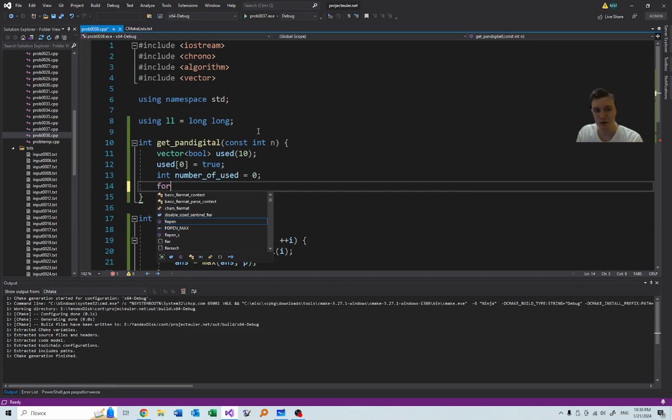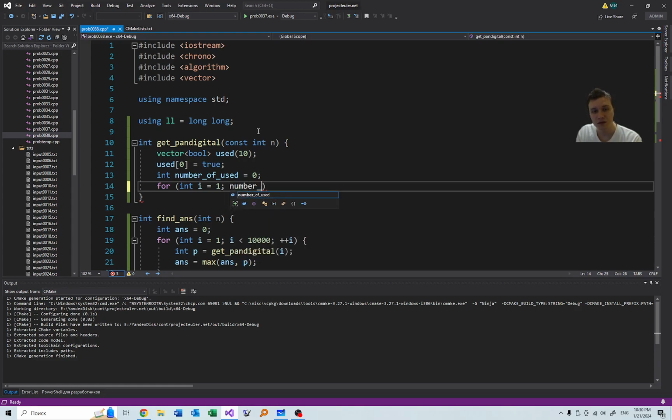Then we would like to iterate over all numbers. Okay, so number of used is less than 9, and let's start with n, it will be even nicer, and we say that I plus equals n.